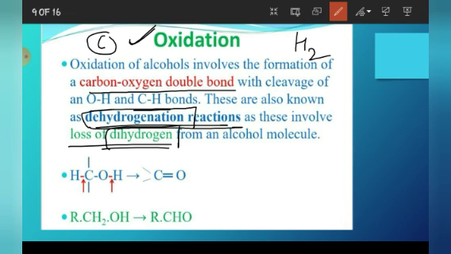Now see, this is an alcohol. Now this bond will break and this bond will also break. Now what will happen here? A double bond will be established here. See, the example is given, RCH2OH. This hydrogen and this hydrogen will be eliminated. And what will happen? RCHO will be formed.